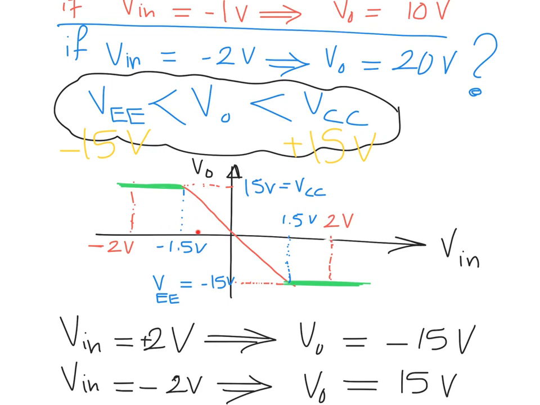Any other values greater than the absolute value of this 1.5, like 2 or 2.5 with a minus sign, for example minus 2 volt, should give you 20 volt from the relation. But this couldn't happen. So what actually happens is it will saturate the signal. The signal will be just 15 volt, nothing more than 15 volt.